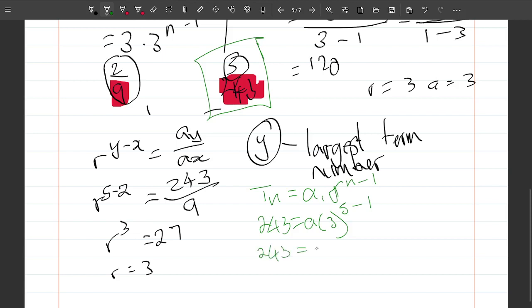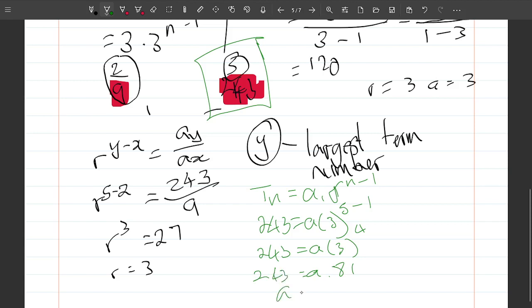243 is equal to a multiplied by 3, and then 5 minus 1 is a 4. Then 3 to the 4th, I'm going to grab a calculator. 3 to the 4th is 81. So we get an 81 for 3 to the 4th there. So this is a multiplied by 81, and here we've got 243.